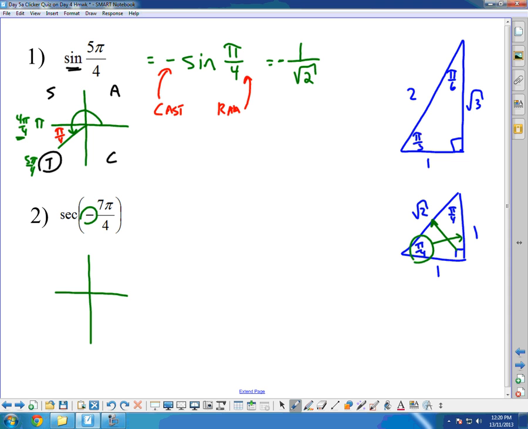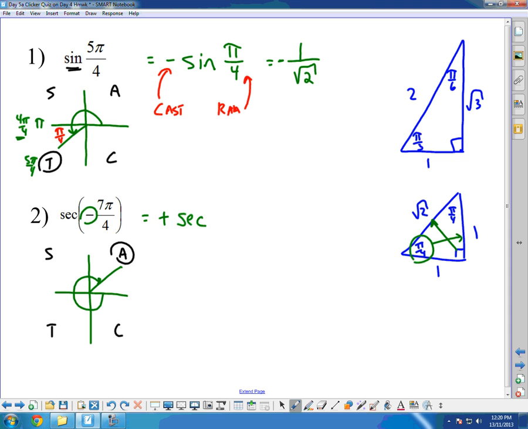So if it was 8 pi over 4, we'd go all the way around, but we don't. So we're going all the way around to someplace around here. That's used just to figure out which quadrant we're in. So we're in the first quadrant, so everything is positive. So this one's going to be positive secant.